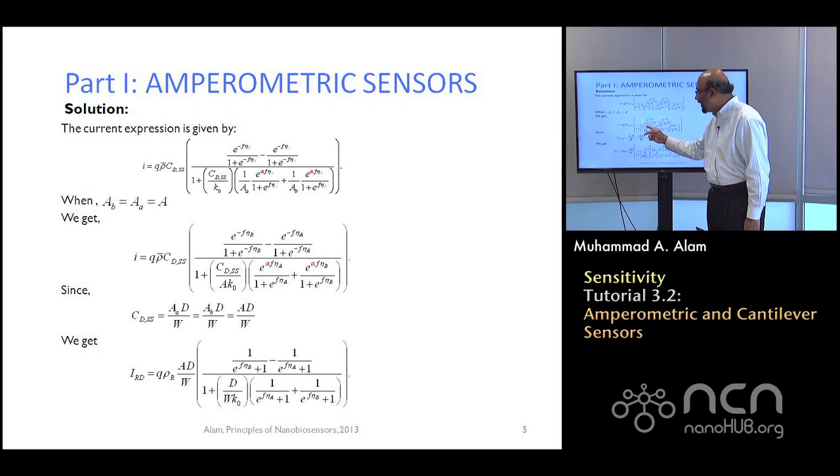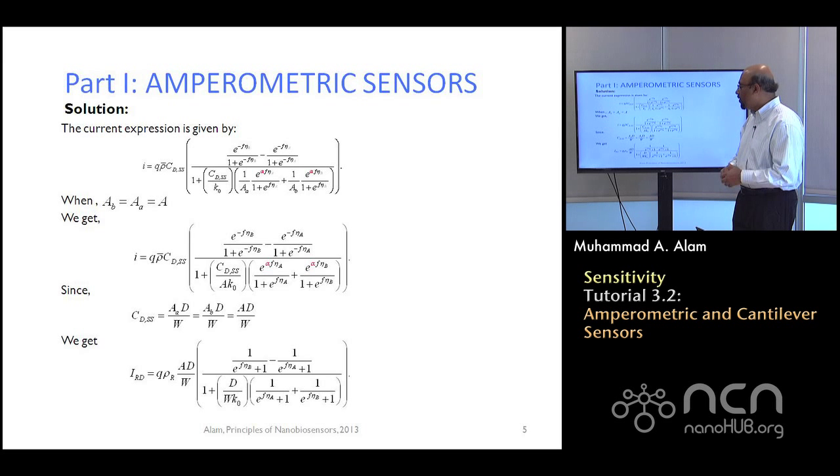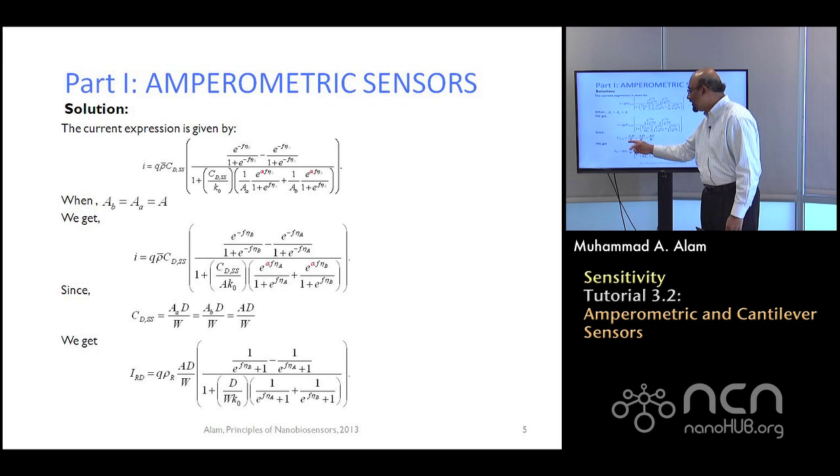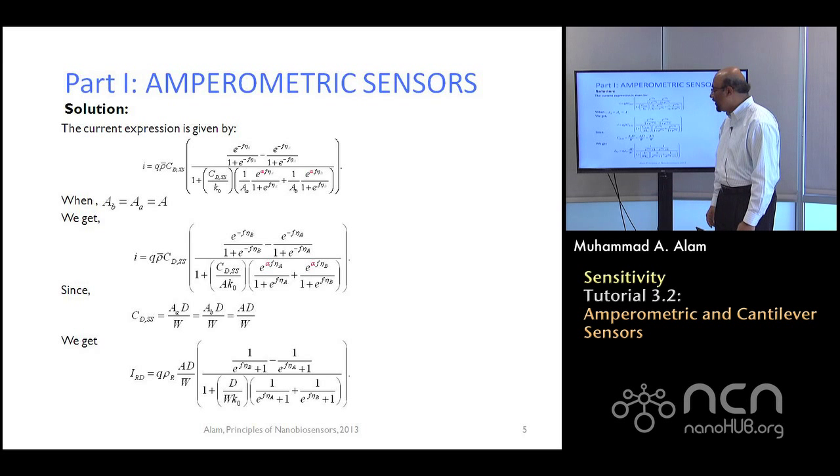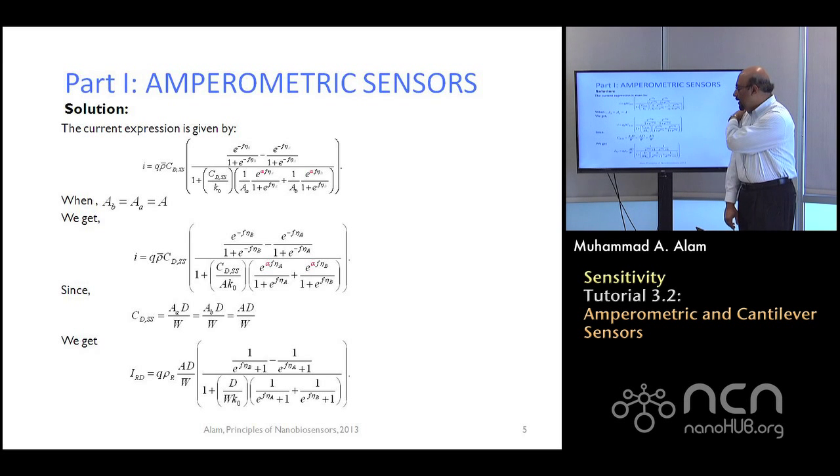The A will cancel the corresponding A in the CDS, and so therefore you'll have a D over W in this particular case. So in general, these equations are completely equivalent, and that gives us the confidence.